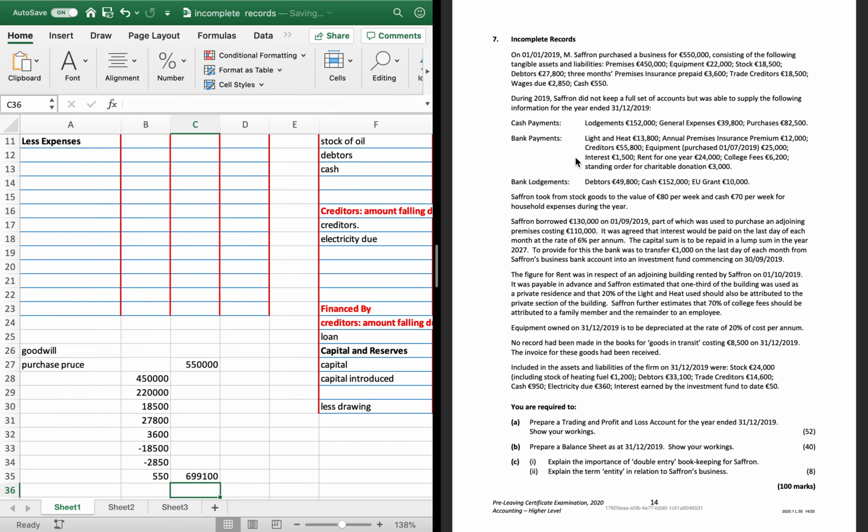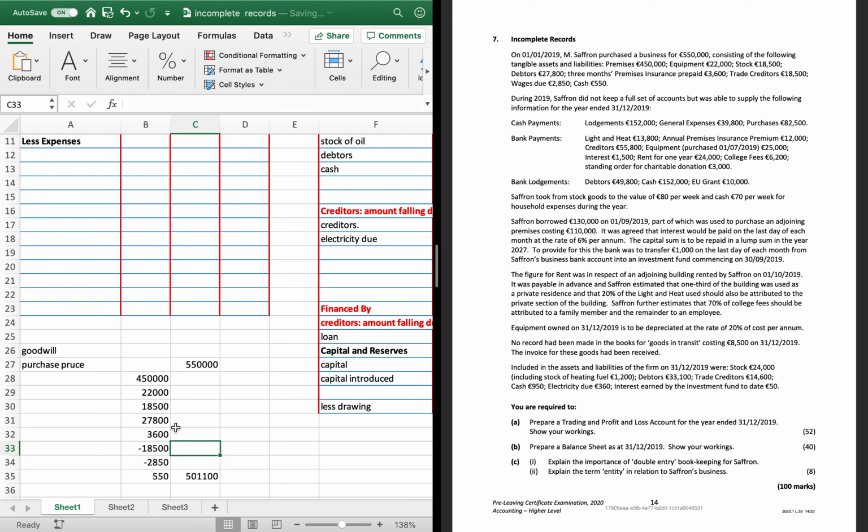So the value of the business is, let's see. Tell me I've got that wrong. Well, it has to be wrong. It's going to be 699. So 450, that should be 22.